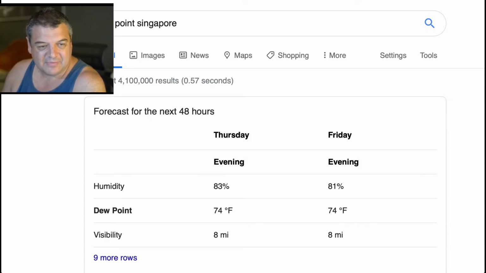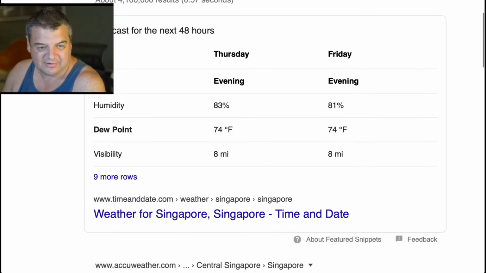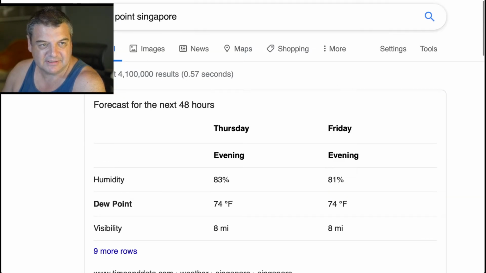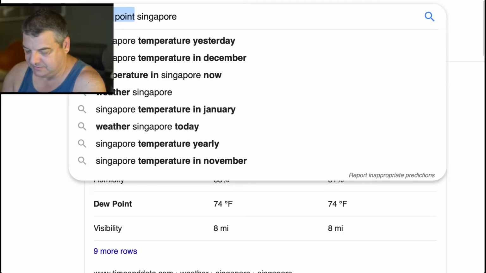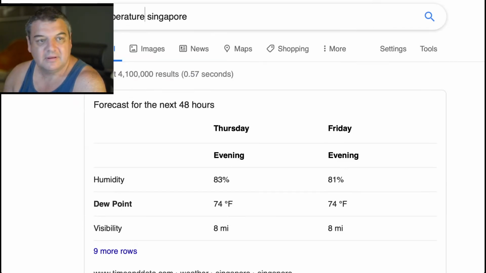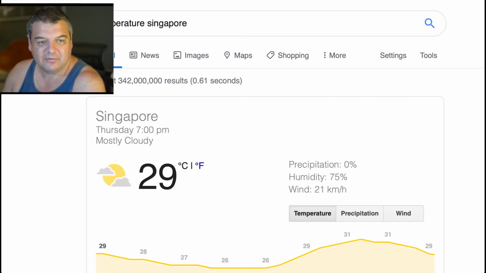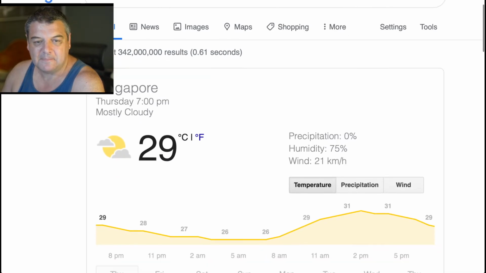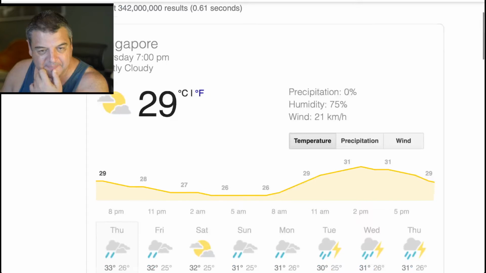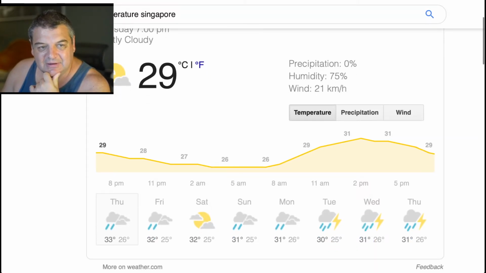You can see here the relative humidity is 83%, so the air is very saturated. And it relates to the dew point. And what does it say the actual temperature is? Let's look up temperature, Singapore. 29. So it's all related there. I think it's 75% humidity there, but it's all related. At a higher temperature, you can fit more water in the air, so you can have a higher humidity.